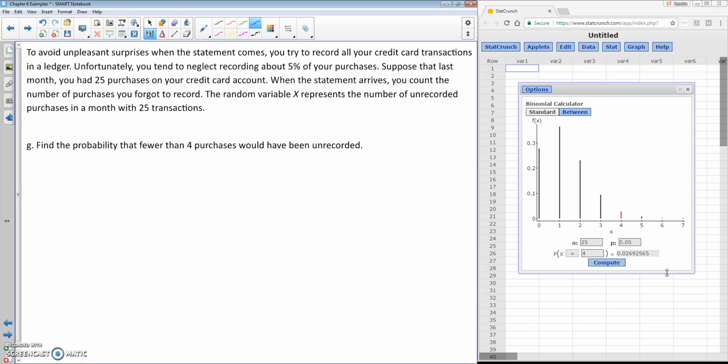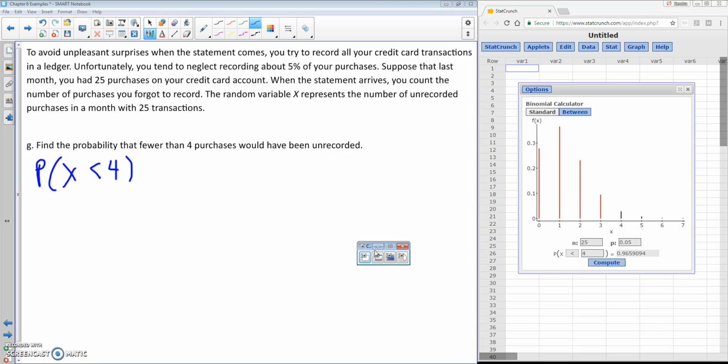So now we want to find the probability that fewer than 4 purchases would have been unreported. So if we're talking about fewer than 4, 4 is not included. So this would be the probability that x is less than 4. So we're just going to go then on StatCrunch under binomial and change our symbol now from equal to less than, and then hit compute.